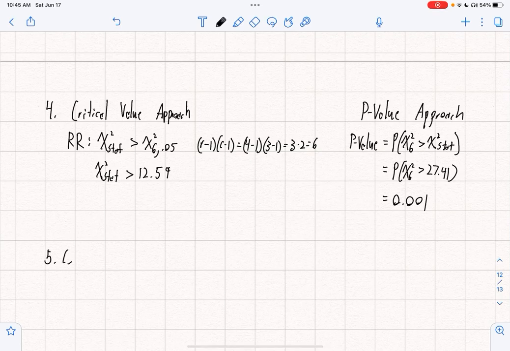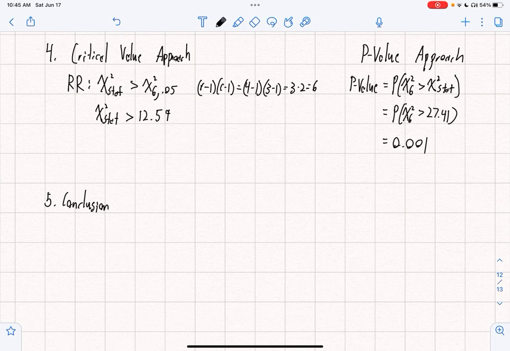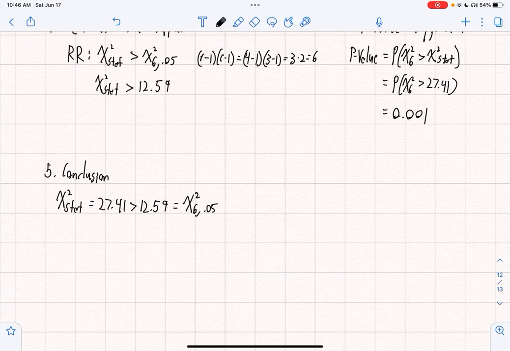Okay, conclusion. Let's first do the critical value approach. Our chi-squared stat is equal to 27.41, which is bigger than 12.59, which is chi-squared 6 degrees of freedom, alpha 0.05. So we can see the chi-squared stat is clearly in the rejection region, and therefore we will reject H naught, accept HA.